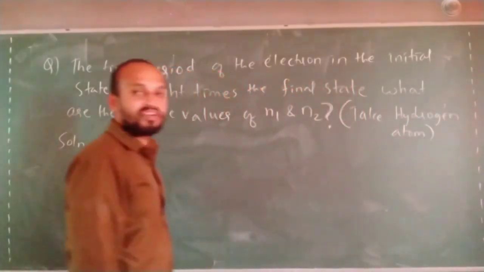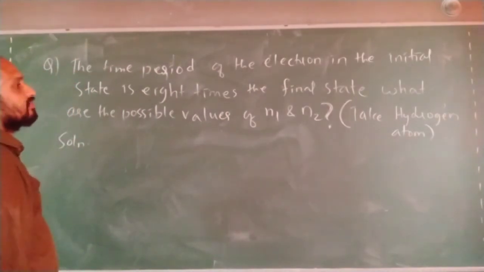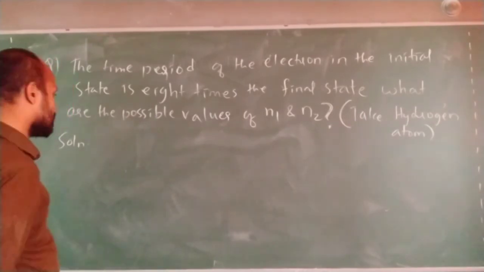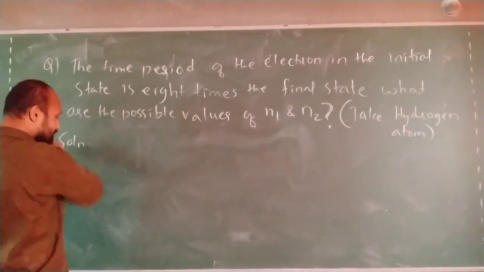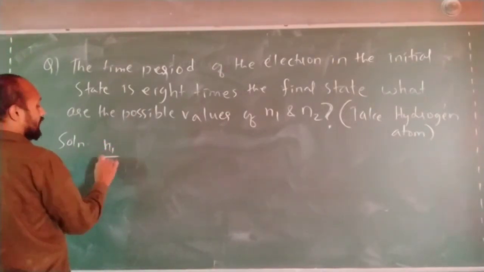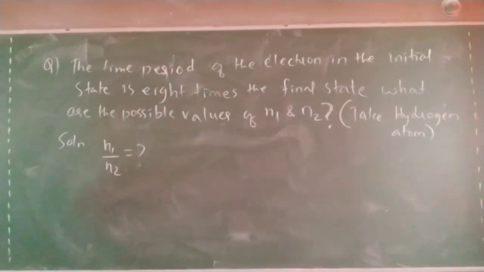We have to consider hydrogen atom. Time period of the electron in the initial state is 8 times the final state. What are the possible values of n2? For which type of atom? Hydrogen atom. Here, we need to find n1 and n2.